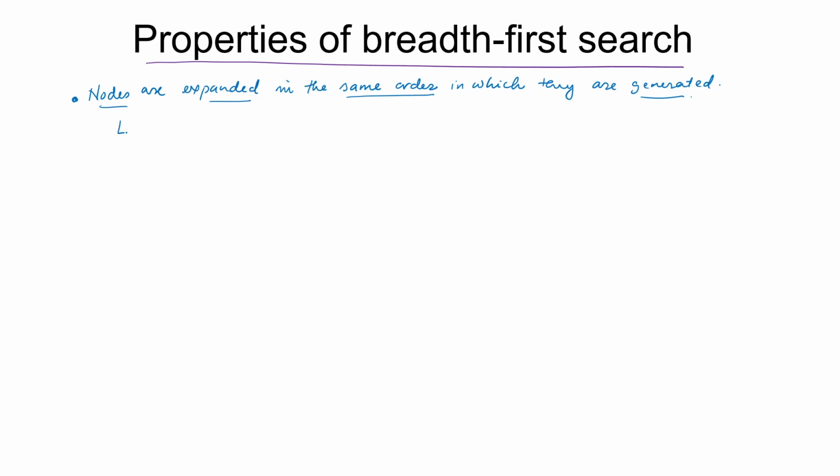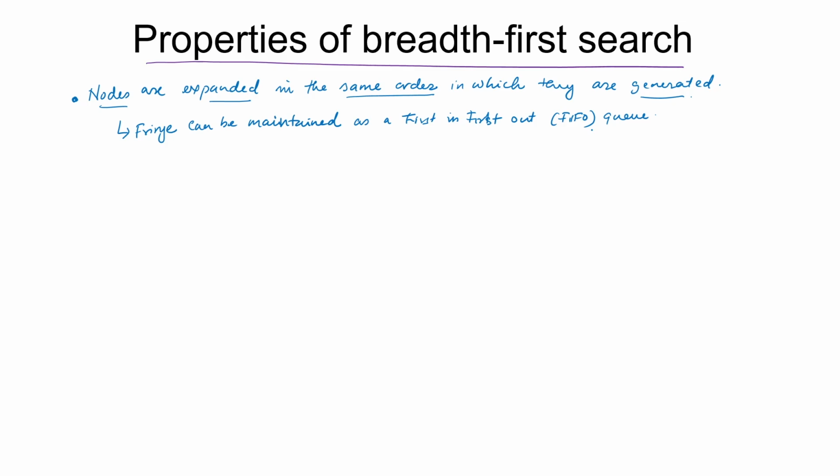So, the idea is that fringe, okay, we will talk about what is fringe in a minute. Fringe can be maintained as a first in first out, that is FIFO, queue. Okay. So, the fringe can be maintained.